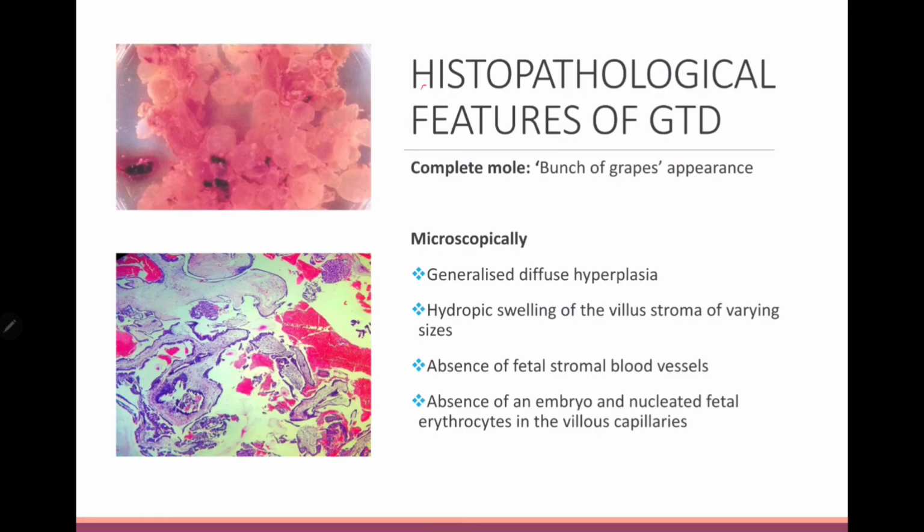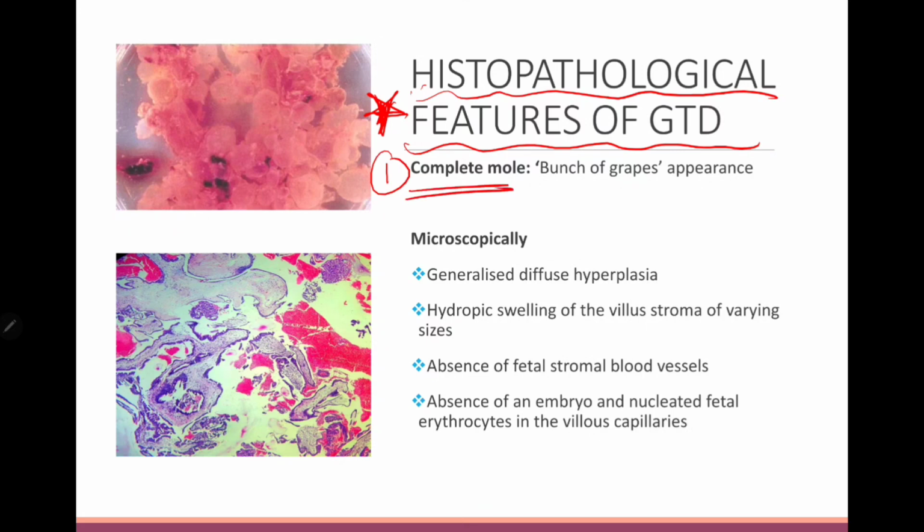Now let's see the histopathological features of gestational trophoblastic disease in detail. First, in complete mole or hydatiform mole, where does the name come from? The appearance histopathologically as well as grossly looks like a bunch of grapes.